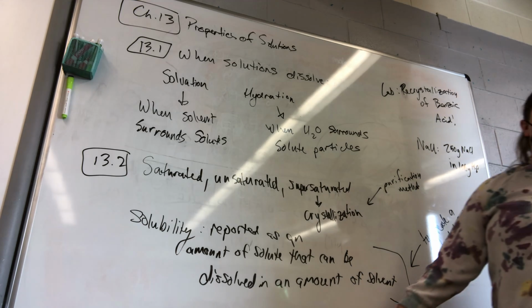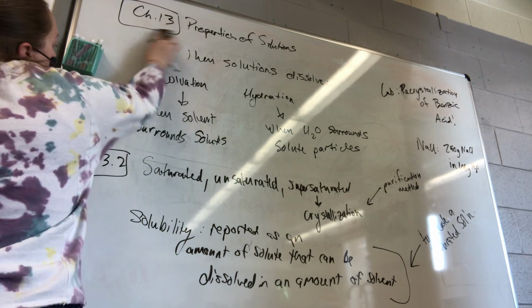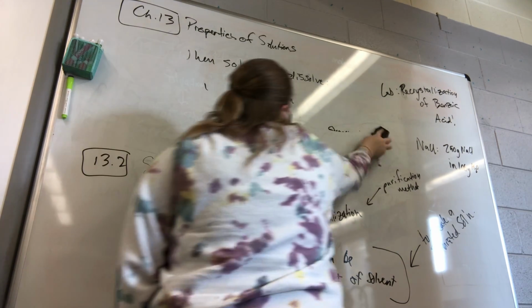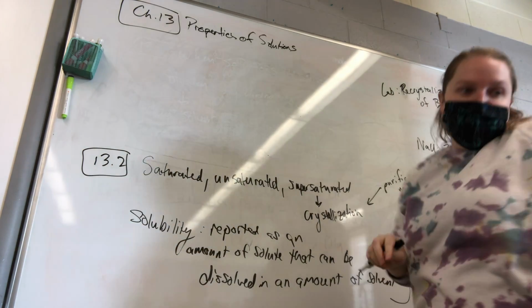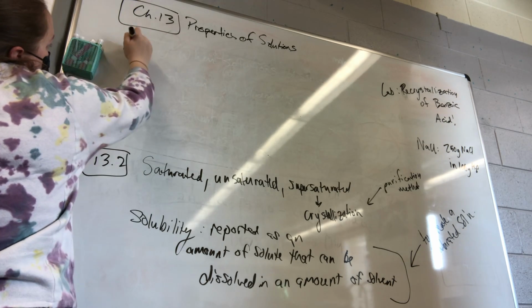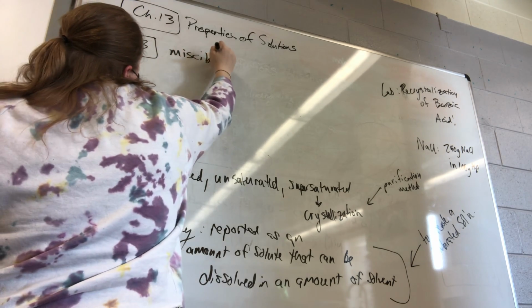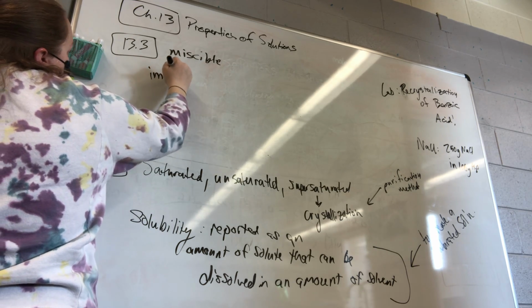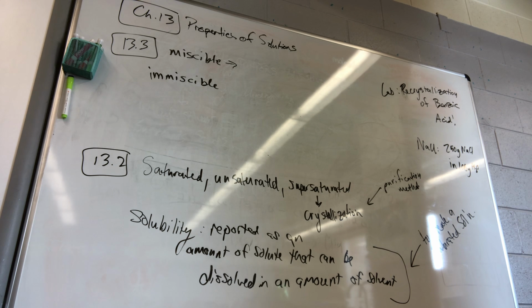That was sections 1 and 2. Section 3 discussed the idea of miscible and immiscible. When something is miscible, what does it mean?